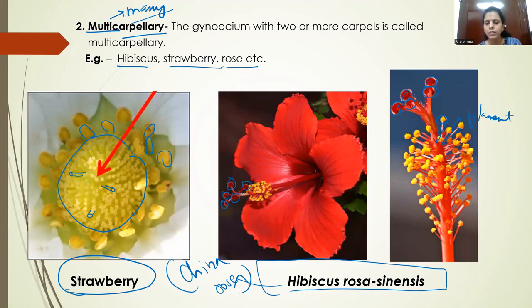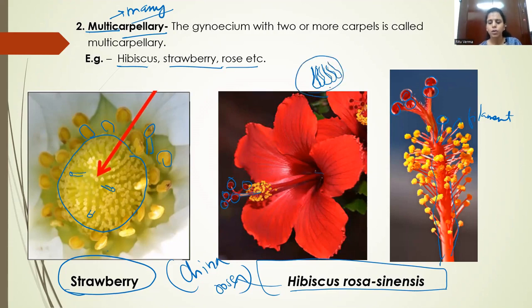You can notice the styles of all these 5 pistils are fused together, and all these fused styles run through this particular tube. At the bottom, deep inside the flower, there must be 5 ovaries, and all these 5 ovaries are fused with each other.